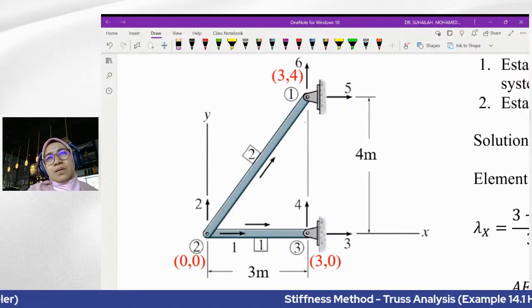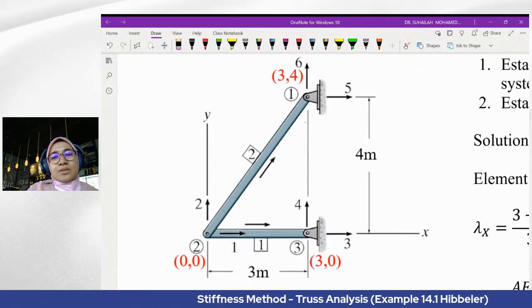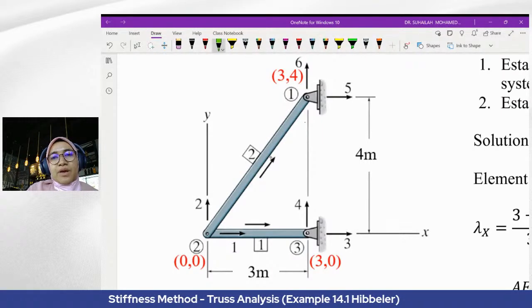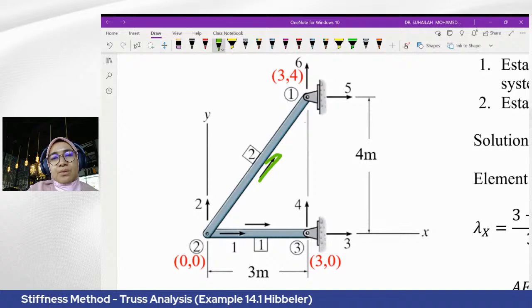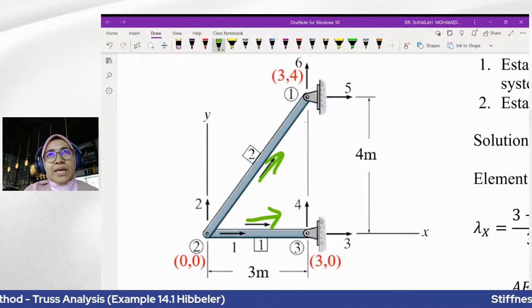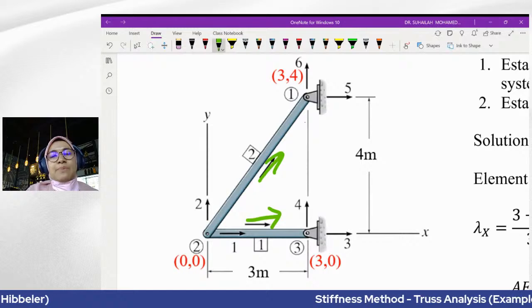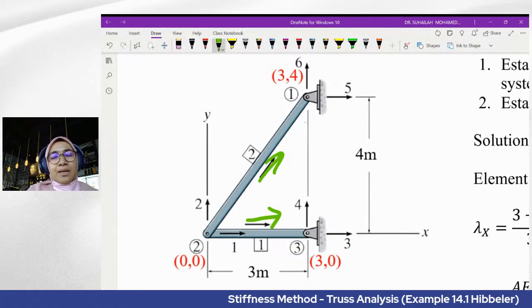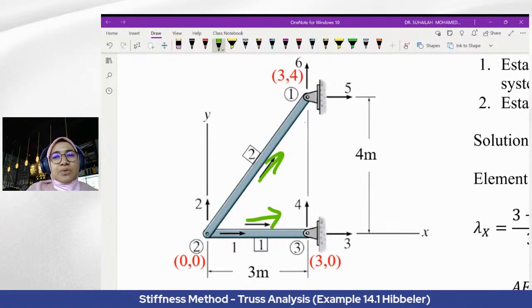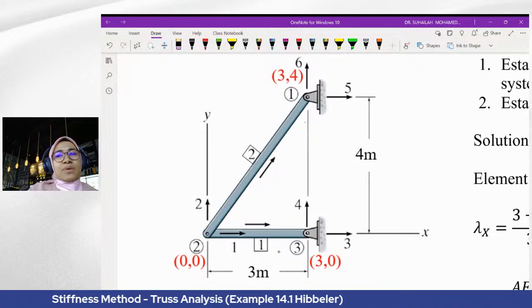Okay, number 3, we have to have the arrow. If we don't have it, we put the arrow in any direction that we like, but it must be parallel with the member. Why do we need to do that?